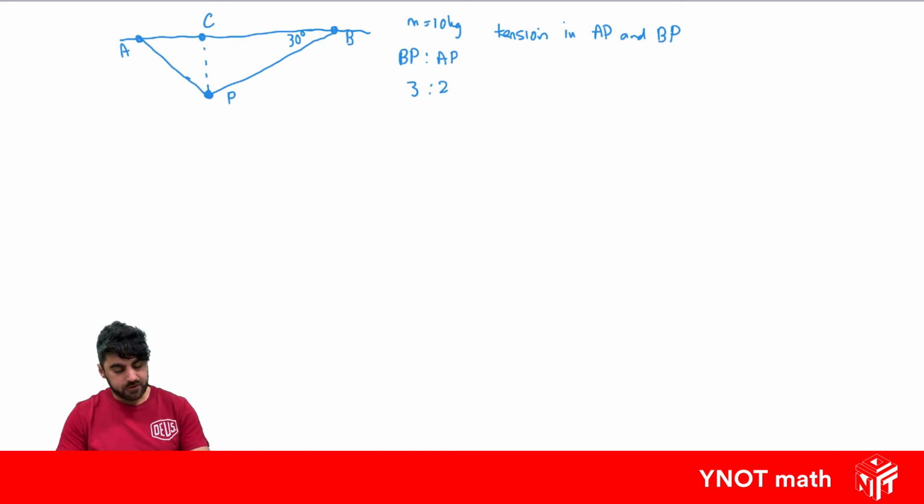So we're going to do those in red. So we know we have some kind of weight here, and the weight is equal to mass times gravity. So we know the mass is equal to 10, and we'll let gravity be g. And we have the tension acting up this string over here, and the tension of this one acting along the string here.